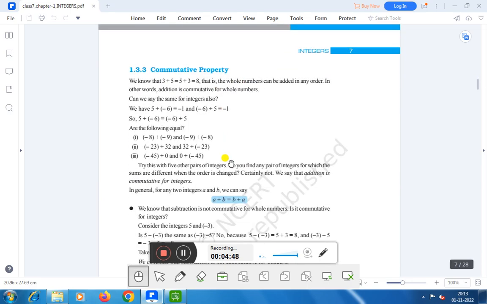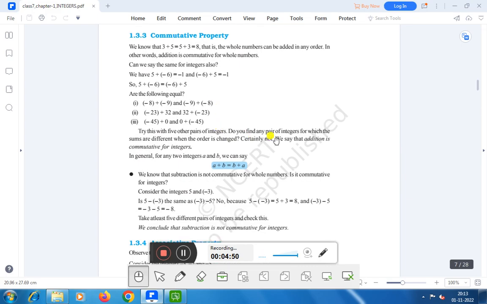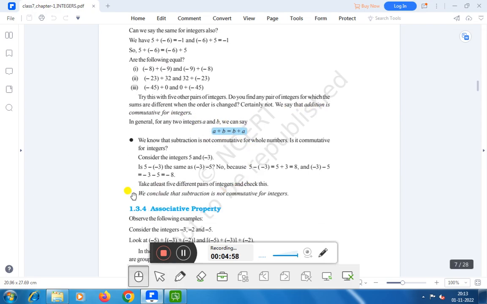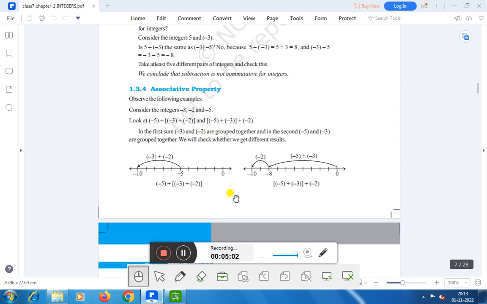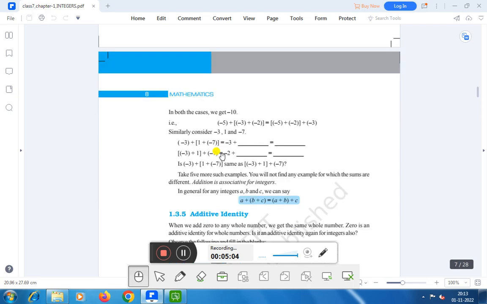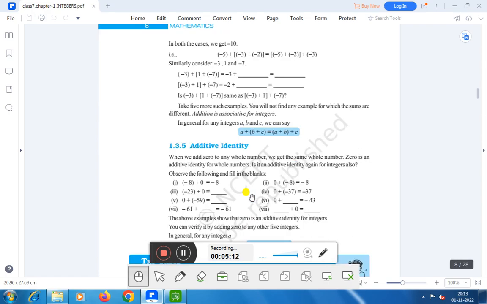Commutative property. In the commutative property, we see that addition is commutative for integers, that is a plus b is equal to b plus a. But we conclude that subtraction is not commutative for integers. Associative property. In general, for any integers a, b and c, we can say that a plus (b plus c) is equal to (a plus b) plus c.